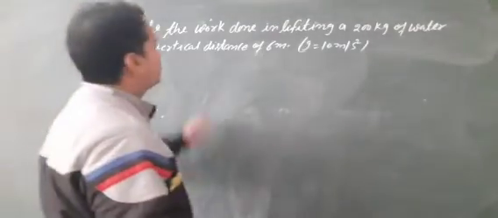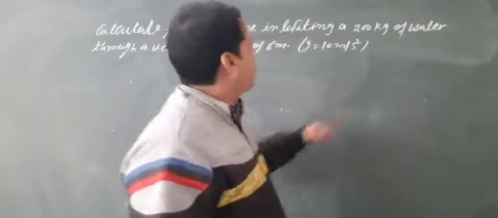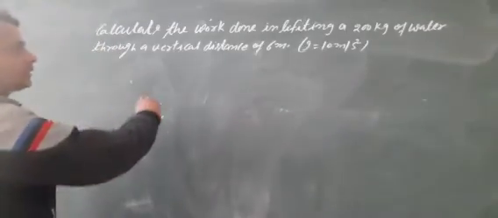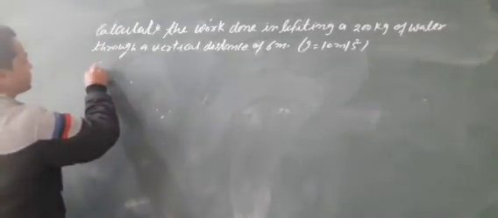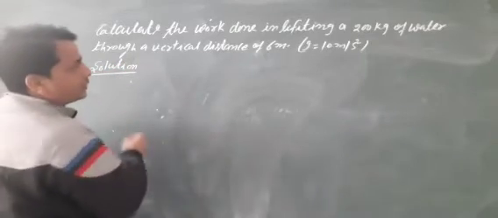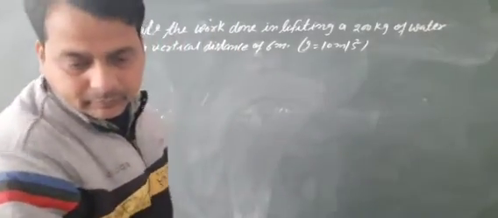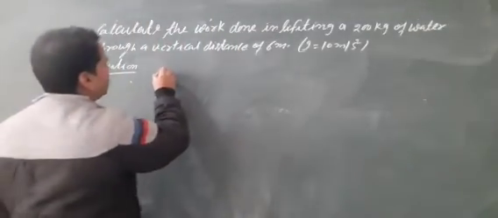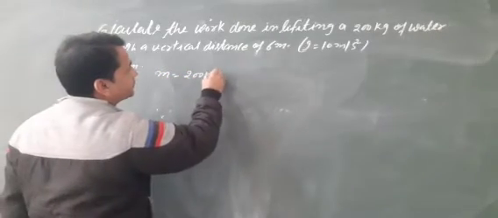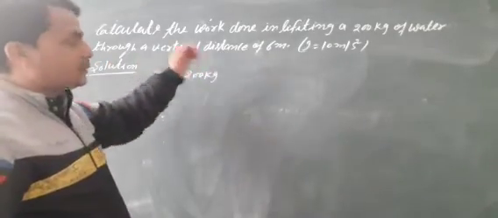First is work done in lifting 200 kg of water, so the mass of water is given here, m equal to 200 kg, and through a vertical distance of 6 meter.